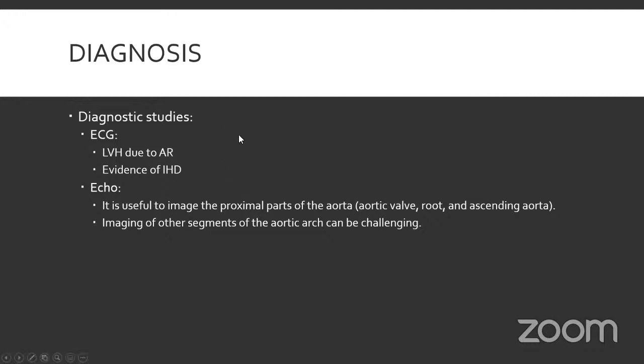Echo is a useful imaging modality, especially for serial monitoring, since you avoid the use of radiation. However, there is one limitation of the echo, that it's not reliable in imaging all aspects of the aorta. So even if you could not diagnose the aortic aneurysm through echo, that does not exclude the diagnosis.